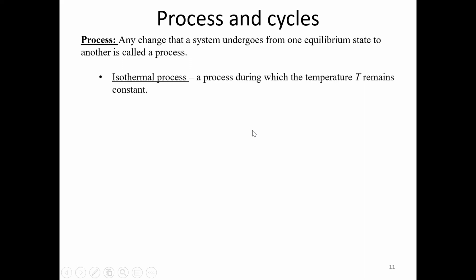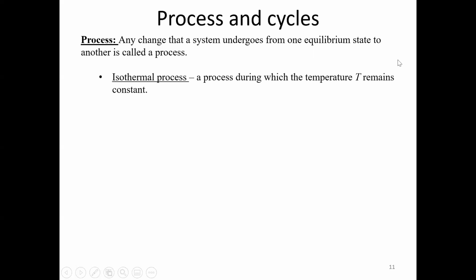Right, so there are other definitions: process and cycle. A process is any change that a system undergoes from one equilibrium state to another equilibrium state.